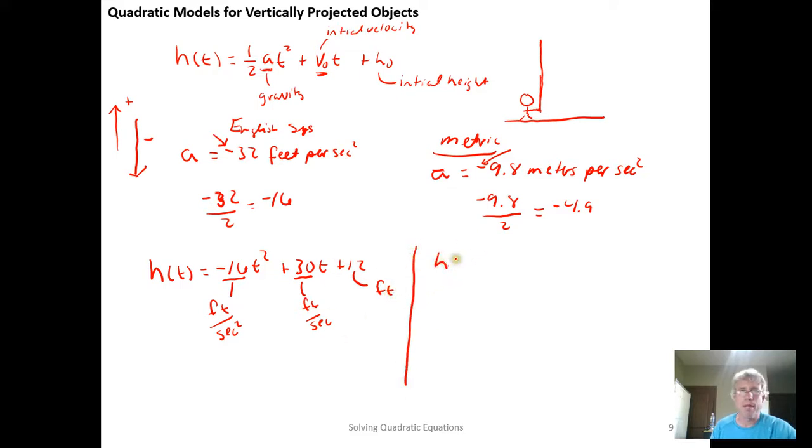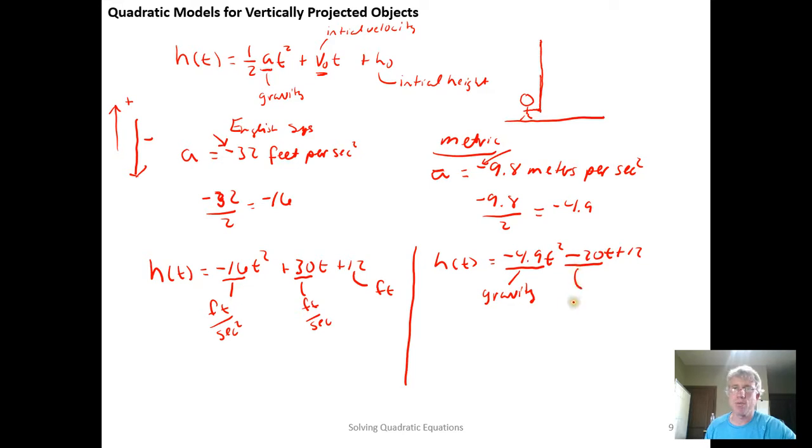A metric setup might look like this. Height as a function of time equals, now we're going to use the -4.9 coming from the metric measurement of gravity's acceleration, times time squared, let's say plus -20t plus 12. So this would say, here's half of my acceleration due to gravity. Here's a -20, times time.